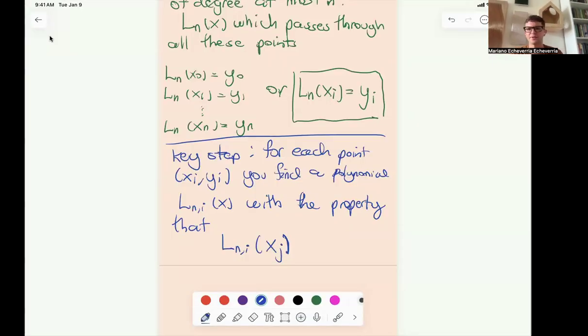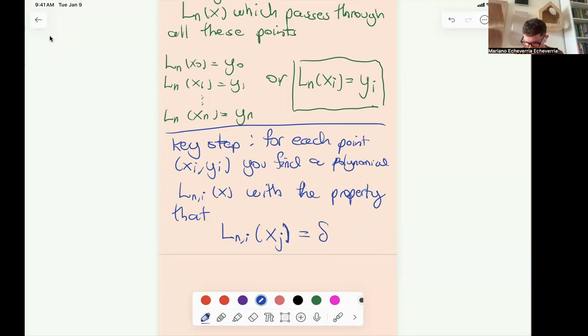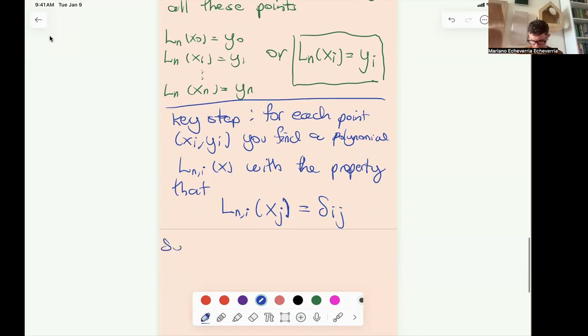I think the iPad got disconnected for a second. So if you give one of the x values of the data points, it is the Kronecker delta. What that means is that it is exactly one at xi and zero for all the other x values.